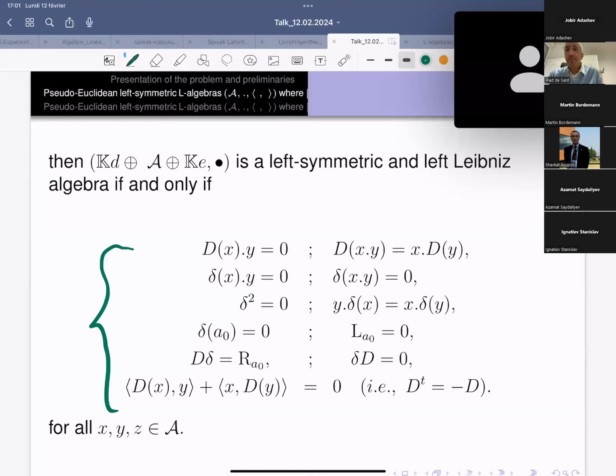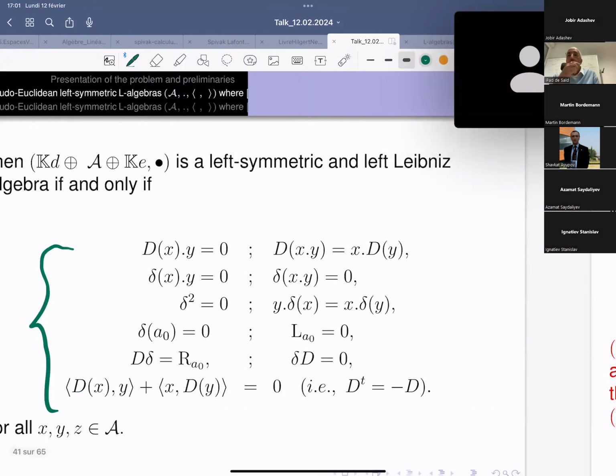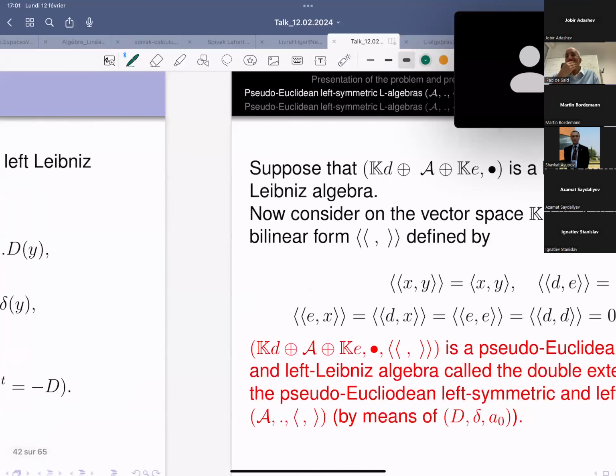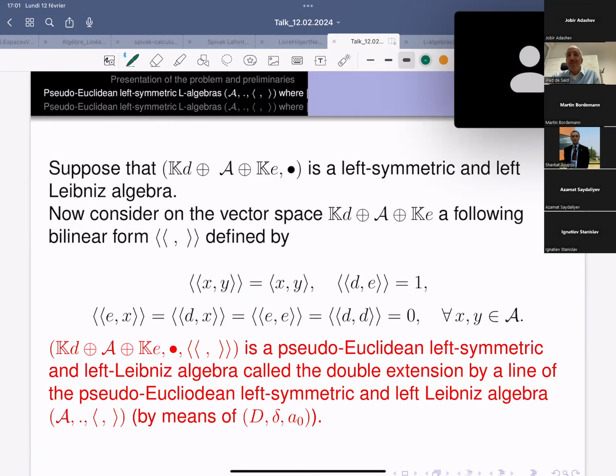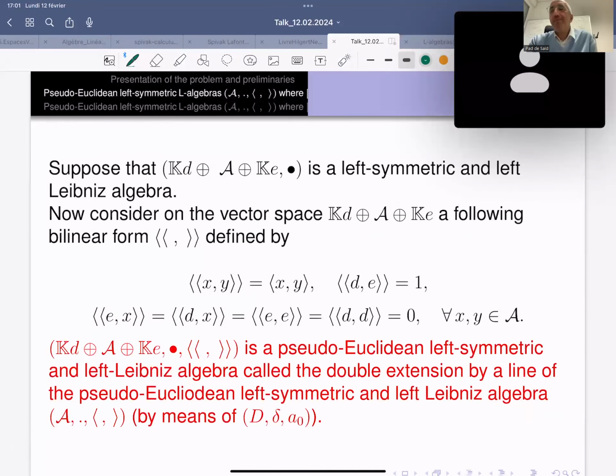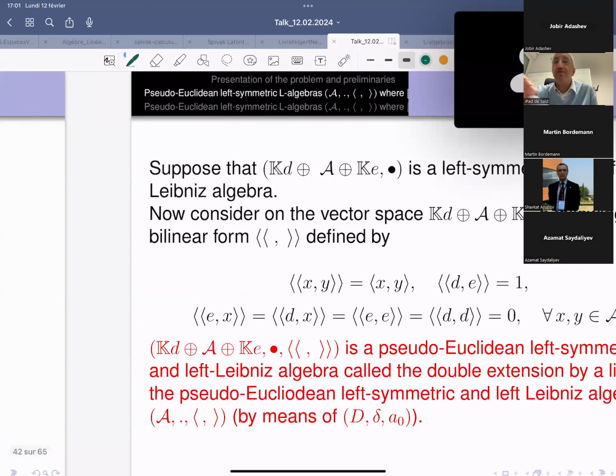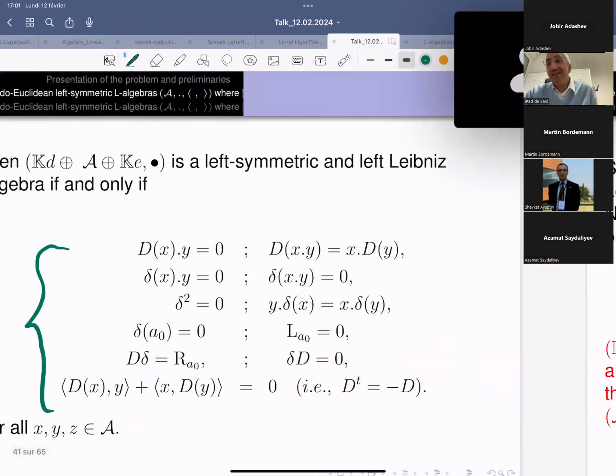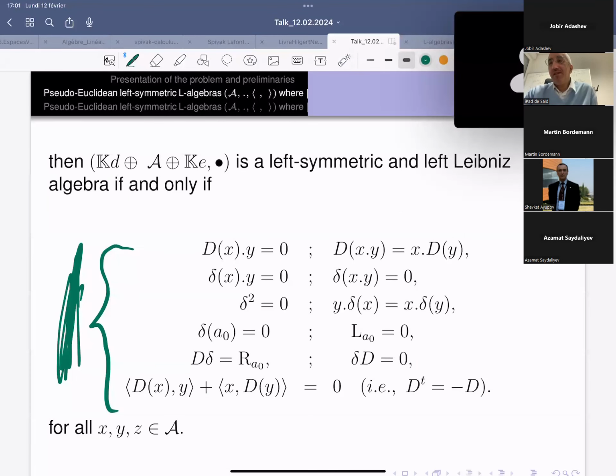Okay, we have these conditions, and if this one is a left symmetric algebra, that means that these relations are satisfied.